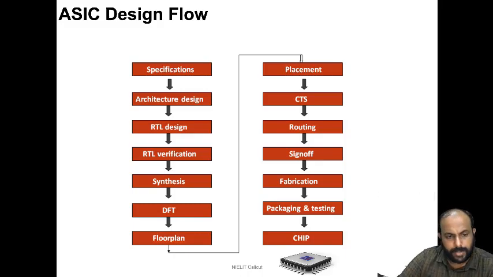RTL design engineers are people capable of doing the design entry to an electronic design automation tool. They can represent this architecture in terms of a schematic diagram, or go for a block diagram kind of design entry, or go for an RTL design.